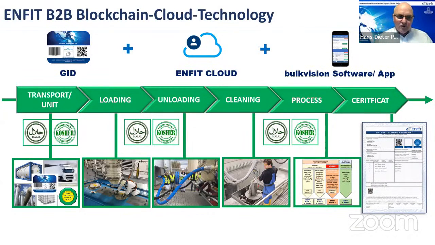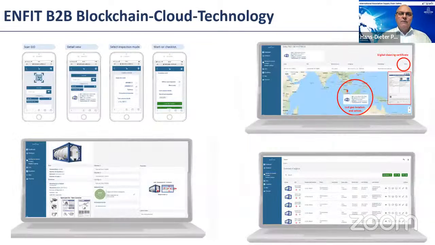Now it is possible for everybody in the supply chain to get a complete overview. In the case of a recall, you can go back along this line, or the logistic companies can go back and search where the damage may be and what kind of cleaning has been done.